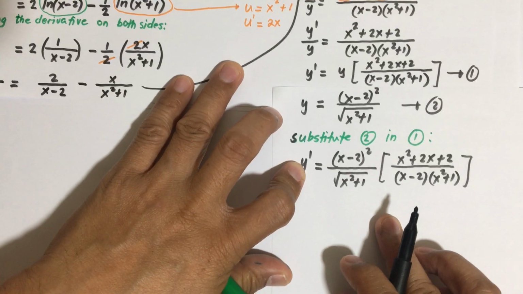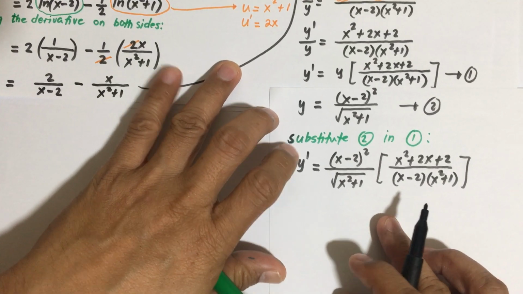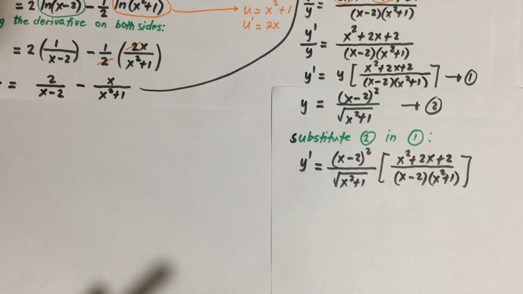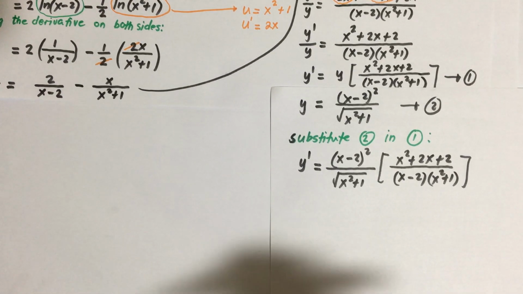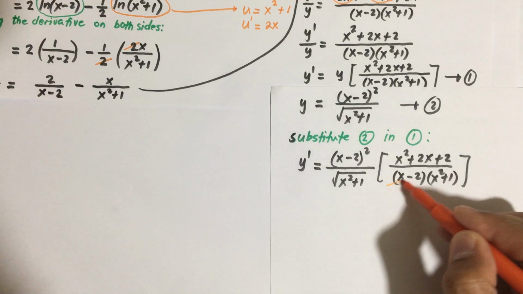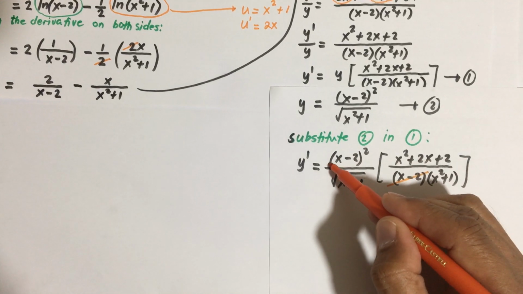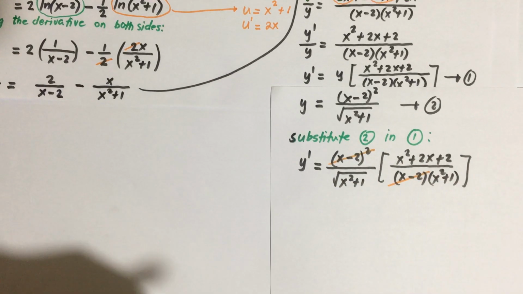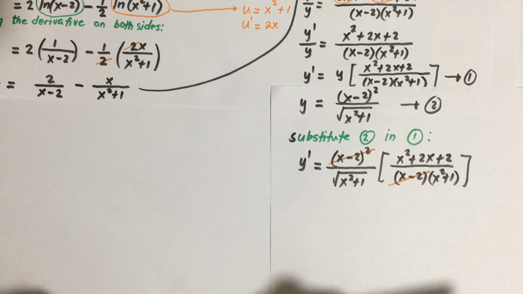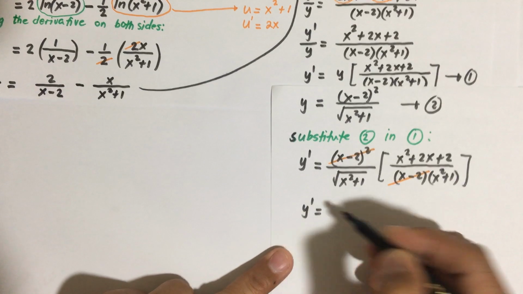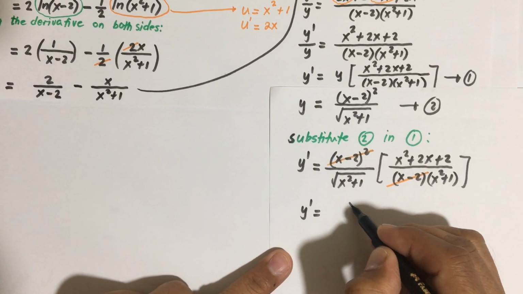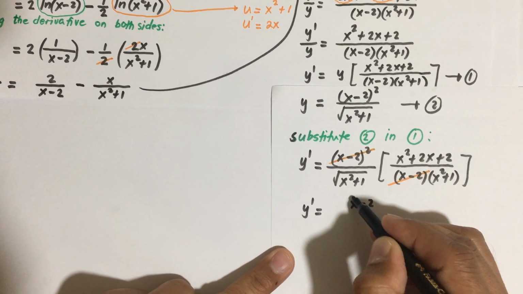so if you look at the numerator and denominator, we have a common factor here. At the denominator we have x minus 2, at the numerator we have x minus 2 squared, so we can take out one of the factors. So y prime is equal to, what is left at the numerator, we have x minus 2.